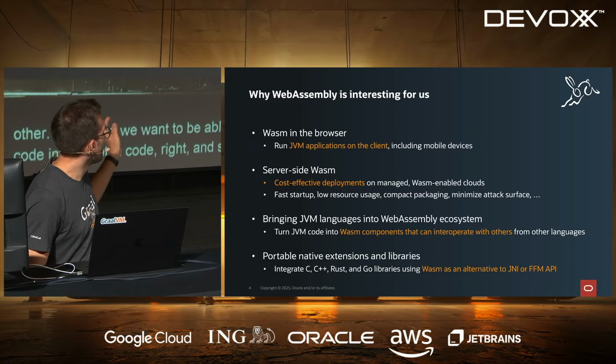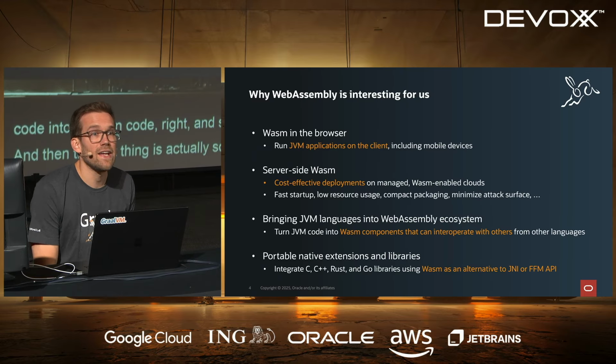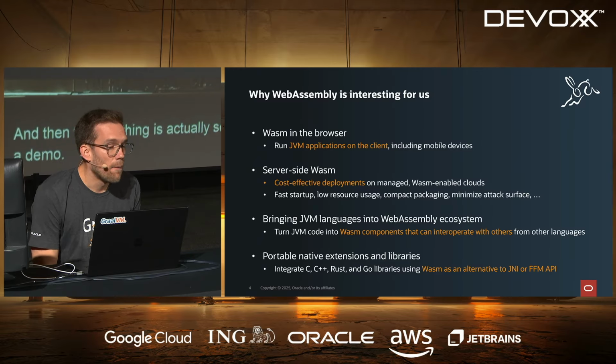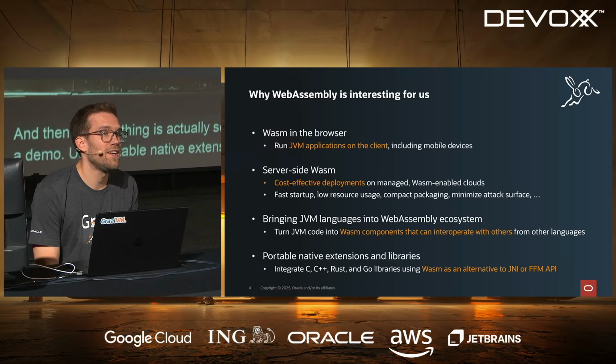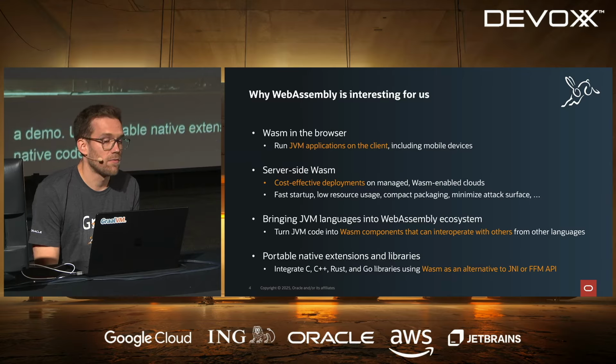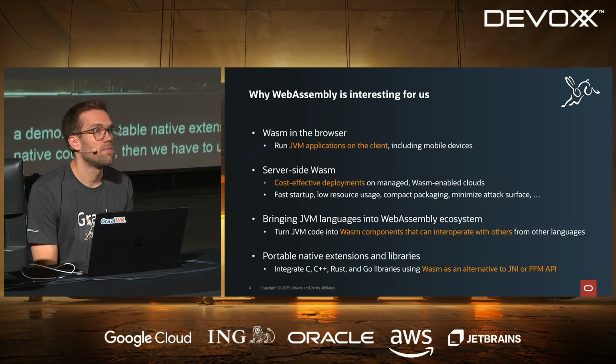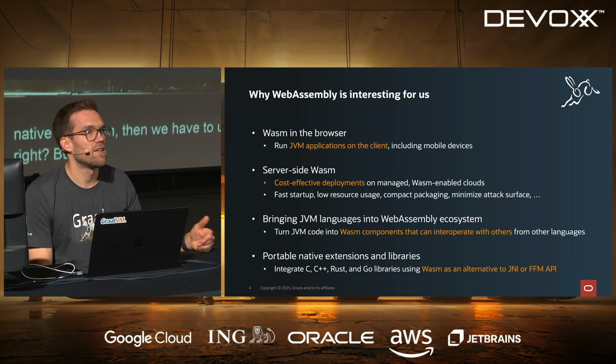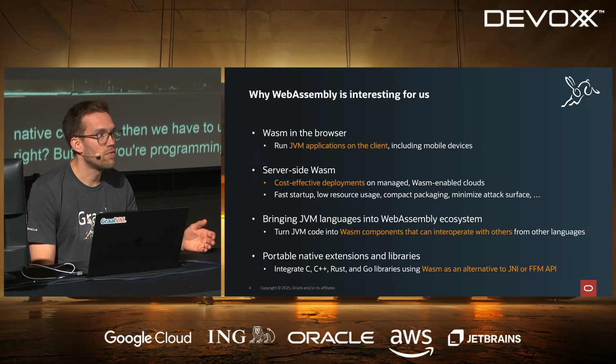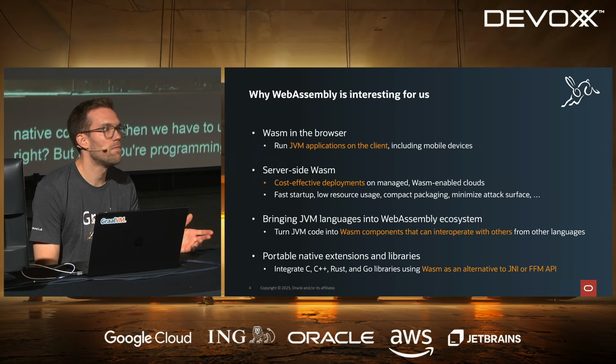And then the last thing is something I'm also going to show later as a demo, portable native extensions, right? So when we want to use native code, then we have to use something like JNI or FFM API, right? But then you're programming against platform-specific SO files, DLL files, dylib files, right?